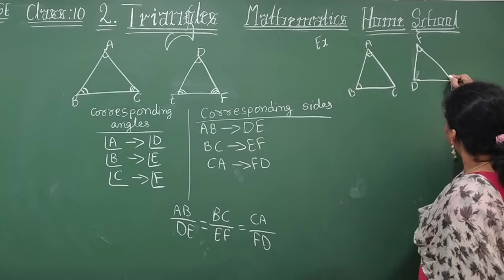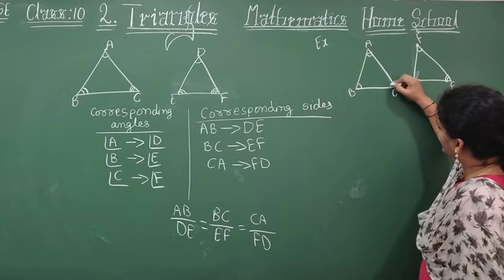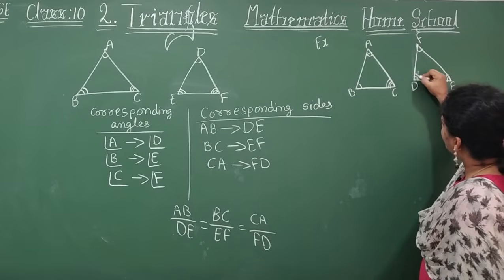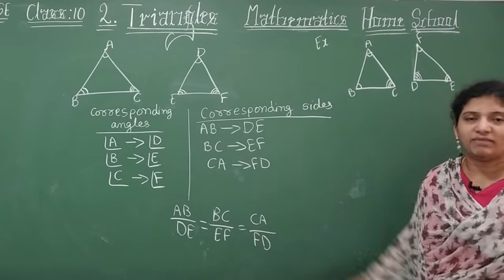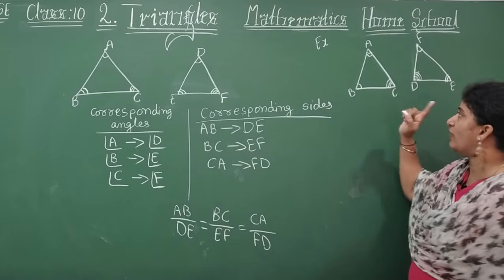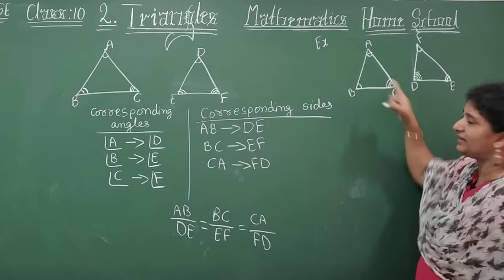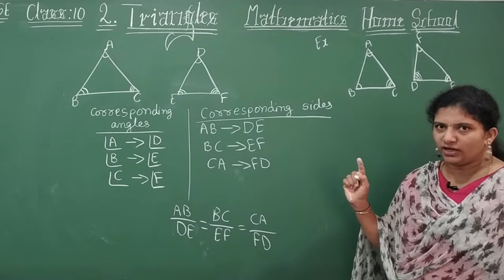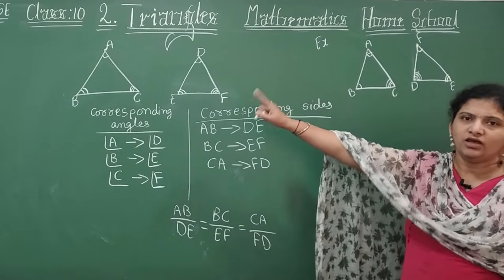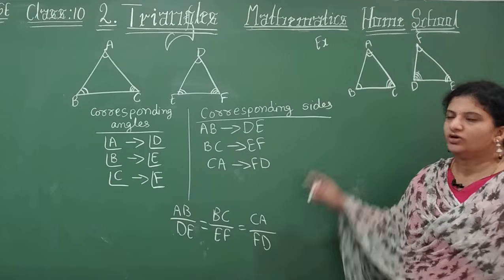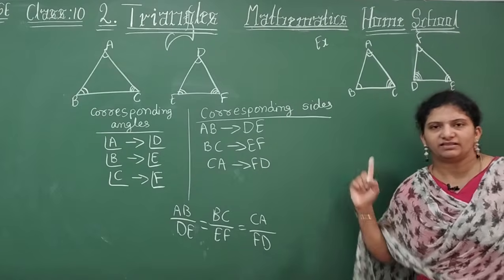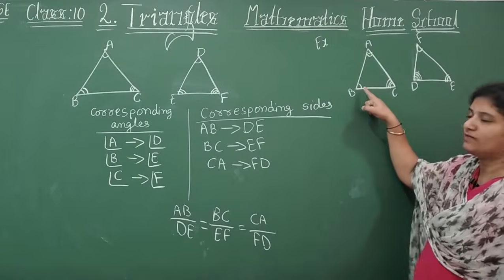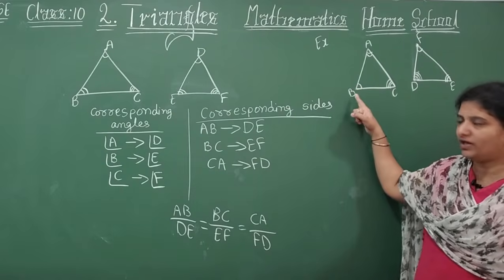Okay. So observe here carefully. If anything is mentioned like this, then you have to compare where the arc is and say that the angle is corresponding. If nothing is given, you can do the normal comparison. Suppose your triangles are given like this. So where is one arc here, children? Observe carefully.